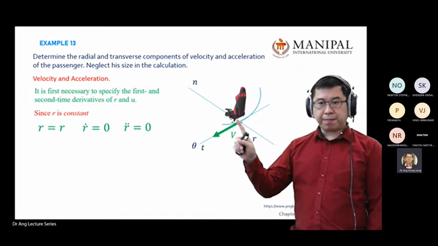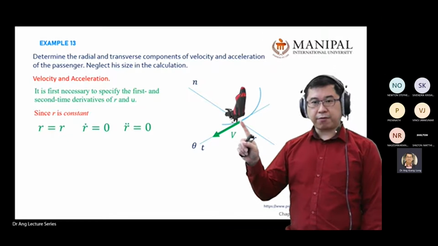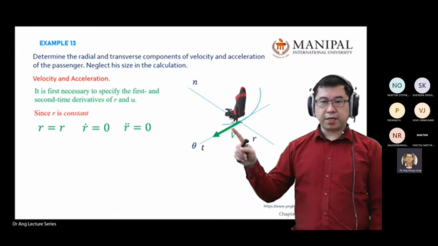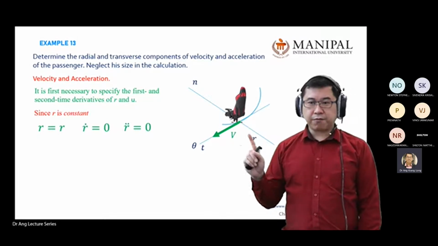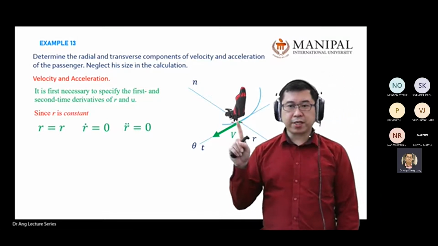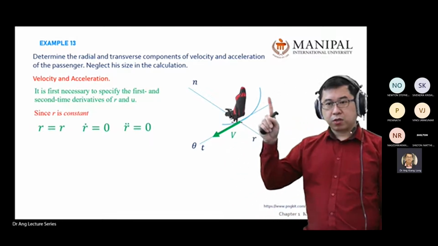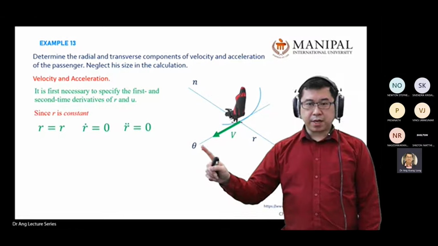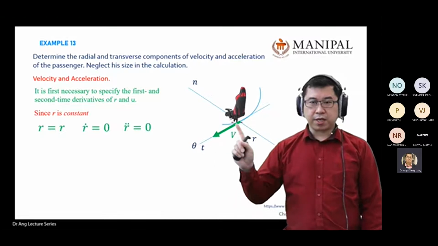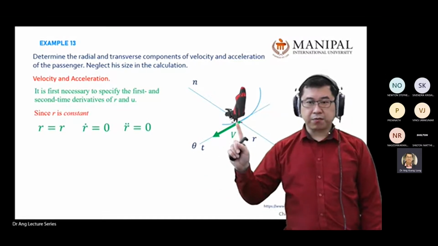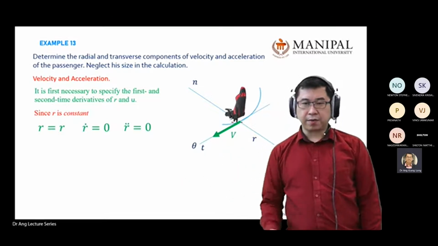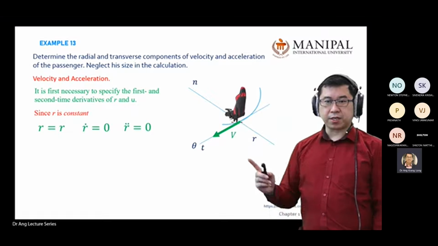And at that particular point, you know from the previous session where we talked about velocity, the definition of the velocity vector is always tangent to your curve, right? So tangent and theta are always on the same line. So your vector is along the tangent axis and the transverse axis in this case, right?